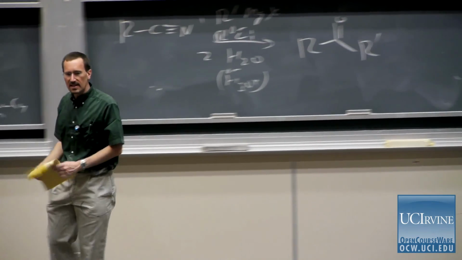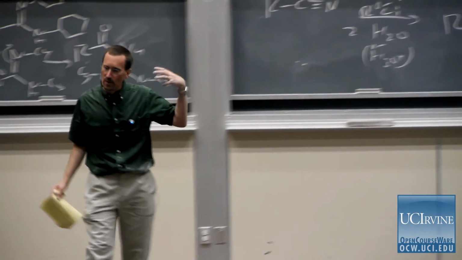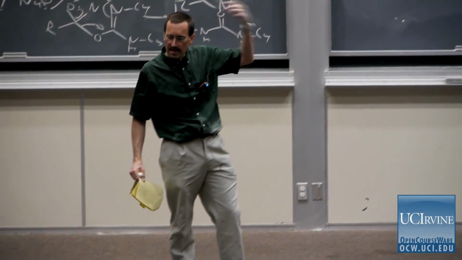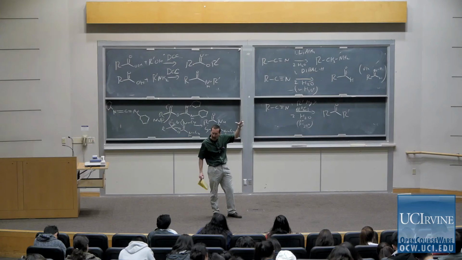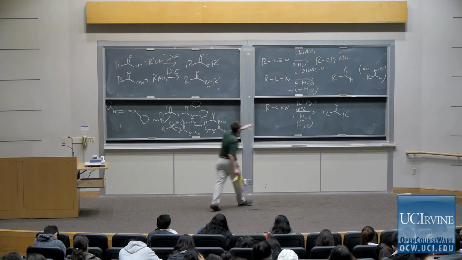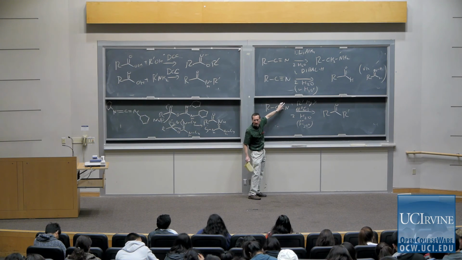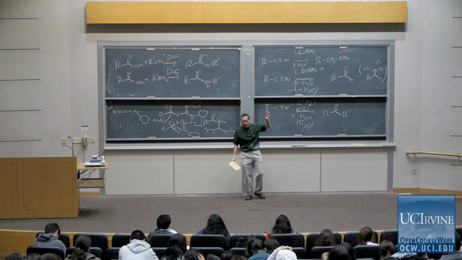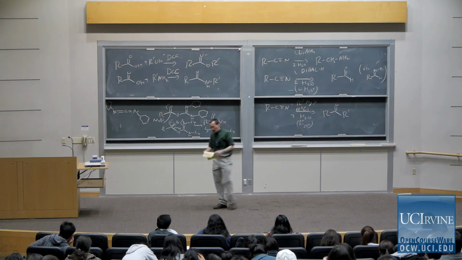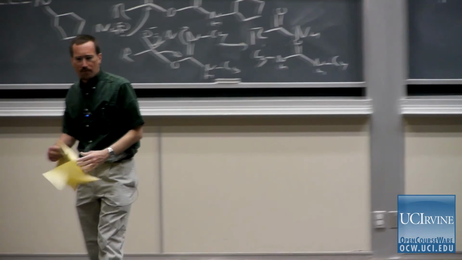And again, this is the same general idea that we've seen before, the idea that these nucleophiles can add. In the case of the nitrile group, you often can stop at one addition, which is something you generally can't do with esters. Anyway, I think that basically wraps it up for the chapter.